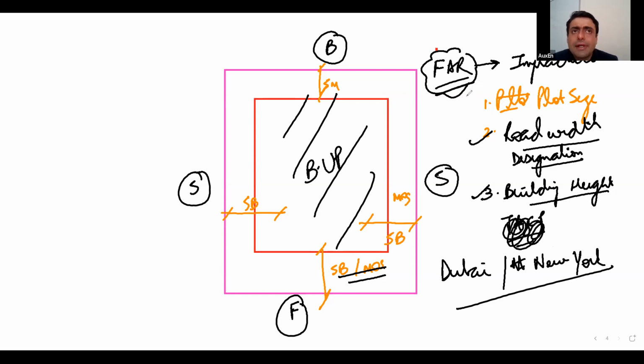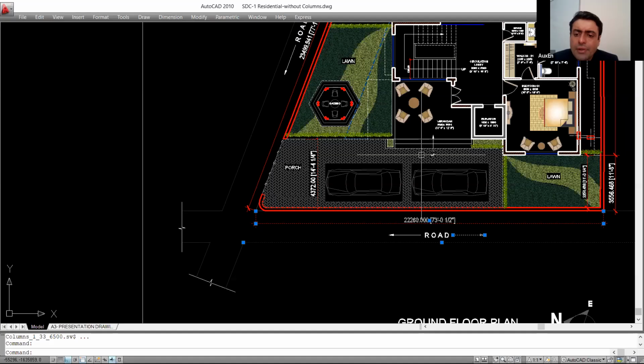If you happen to visit Manhattan, has anyone been to Manhattan, New York? Okay. If you ever go there, you will see that they don't leave any marginal open space.